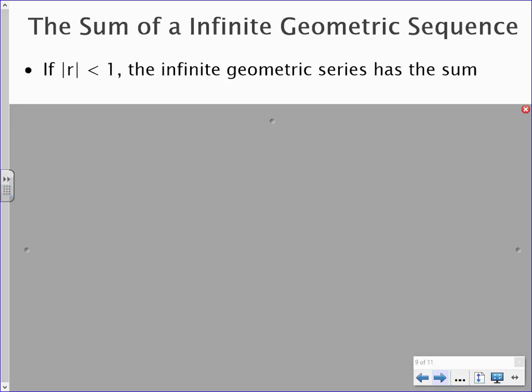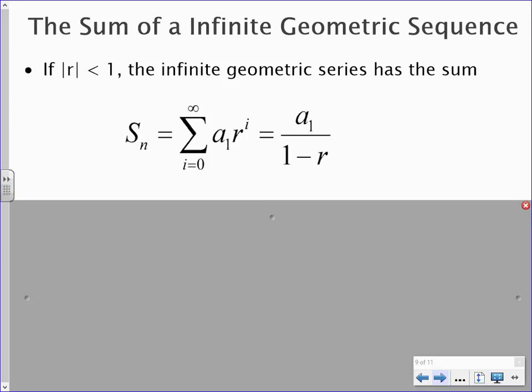Now, if we were to double our distance, those numbers are going to get bigger and bigger and bigger. That's not going to add up to be anything. It's just going to be infinity. As long as the absolute value of r, because it can be positive or negative, is less than 1.